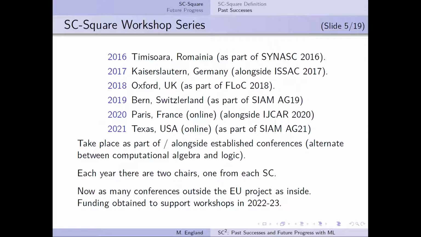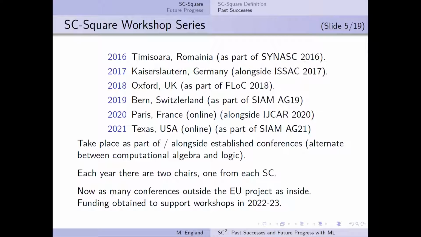The workshop series is in its sixth edition today. It started off in 2016 in Romania and continued through Kaiserslautern, Oxford, Bern. The last two years it's been online. And it's taken place usually as part of an established conference, and tends to alternate between conferences of computer algebra and computer logic.